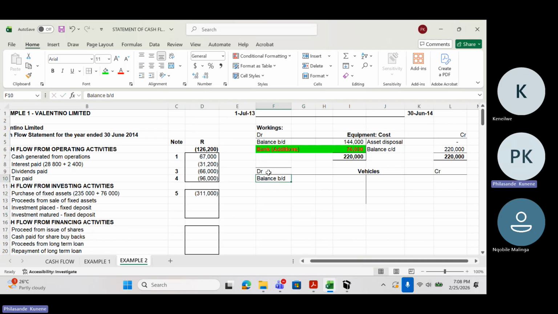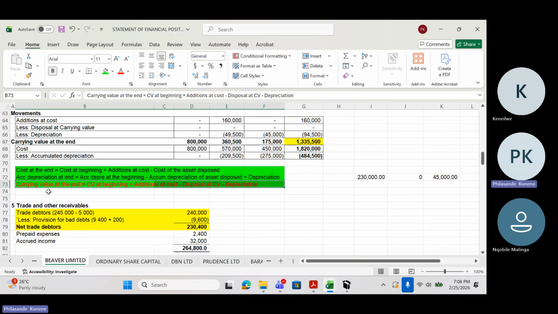Okay, I'm going to have debit here. Balance brought down, that is going to be for my vehicles because we're using the carrying values here. Balance brought down, and then here I'm going to have what? Additions, right?